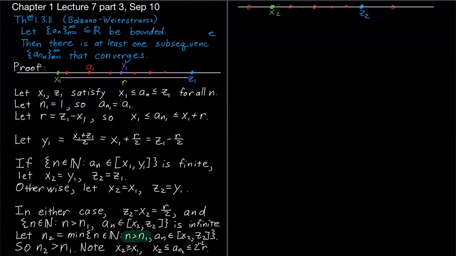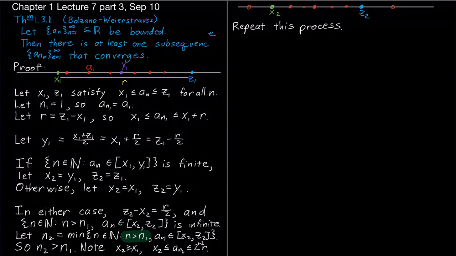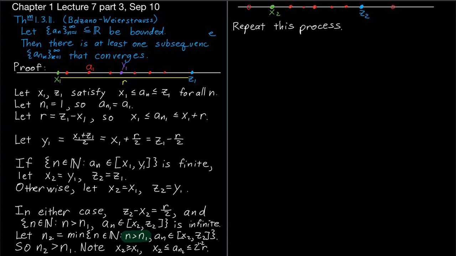So how we're going to finish this proof is we're going to repeat this process. So let's write down some precise instructions for what to do once you've figured out the jth term. How do we find the j plus 1th term?